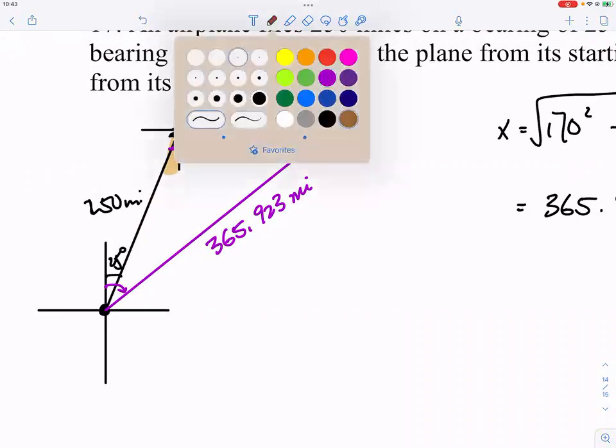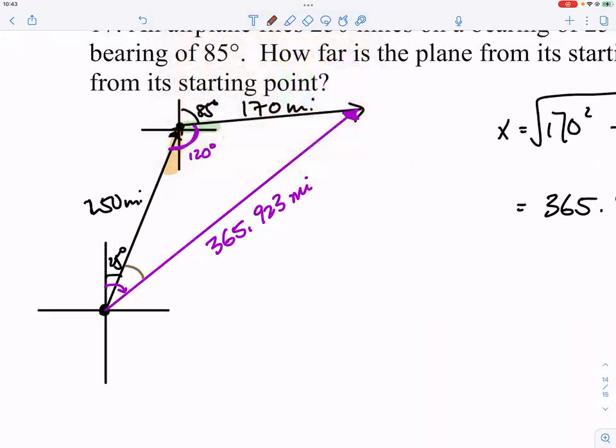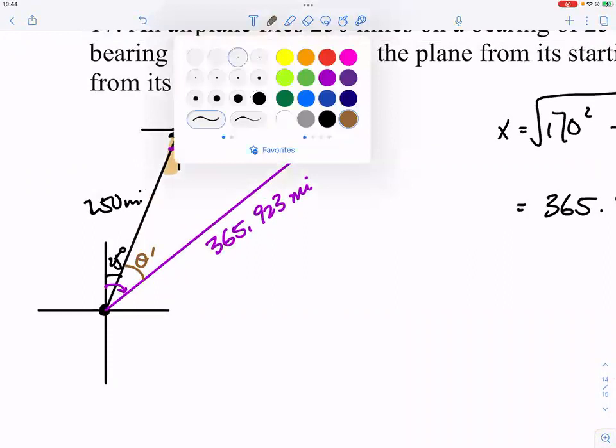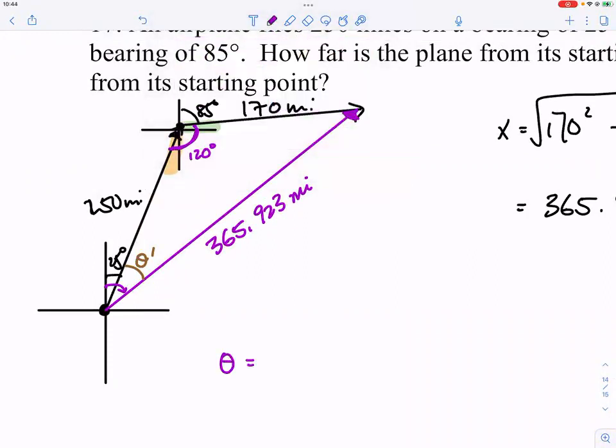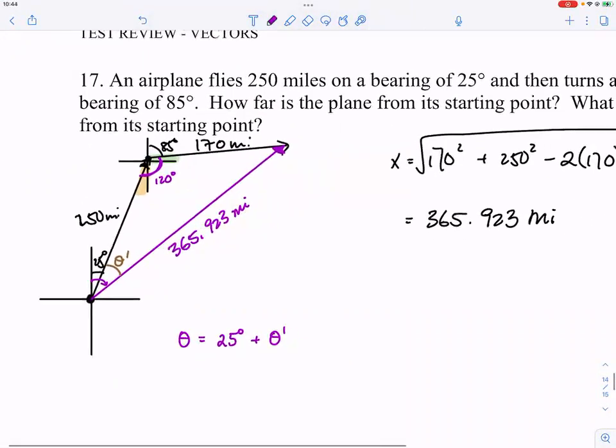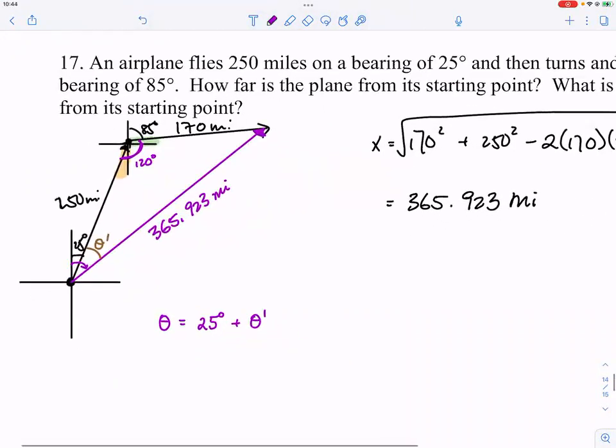So if we could find this theta prime, then we can find the actual bearing, which is 25 degrees plus our theta prime. So let's find out what theta prime is.